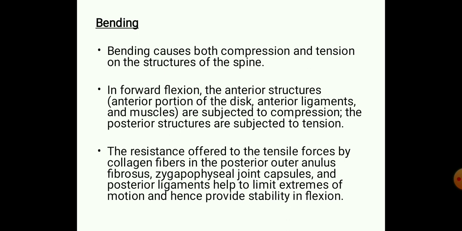In forward flexion, the anterior structures, that means the anterior portion of the disc, anterior ligaments and anterior muscles, are subjected to compression, and the posterior structures are subjected to tension. The resistance offered to the tensile forces by collagen fibers in the posterior outer annulus fibrosus, the zygapophyseal joint capsule, and the posterior ligament helps to limit extreme motion and hence provides stability in flexion.